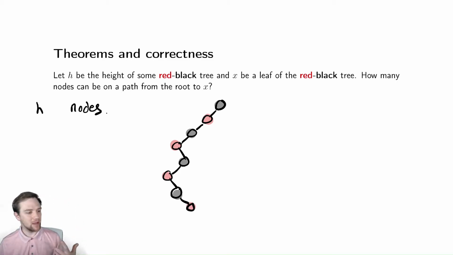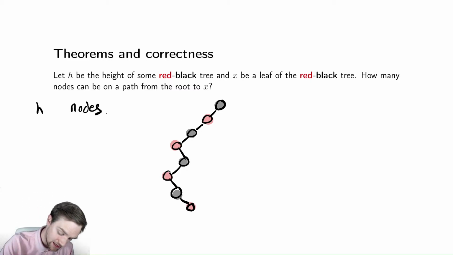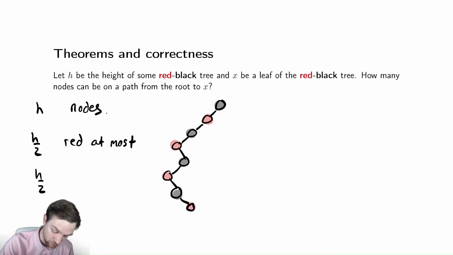So it's about h over 2 is the most number of red nodes I can have, which means I must always have at least h over 2 black nodes. So we have h over 2 red at most, and h over 2 black at least.